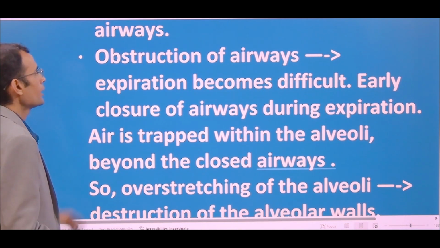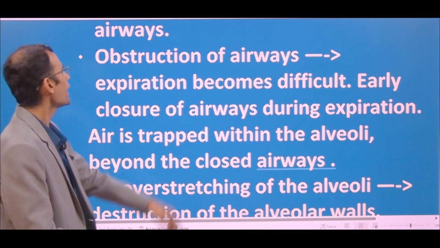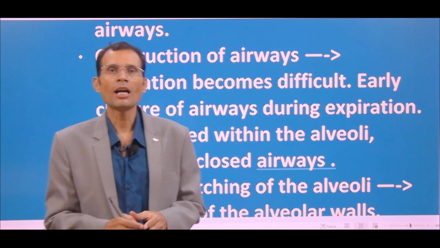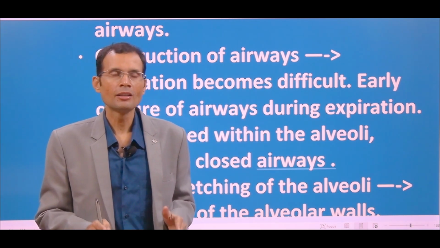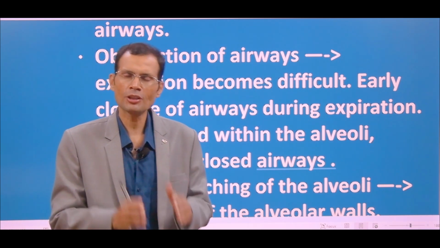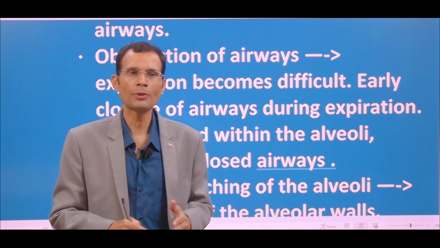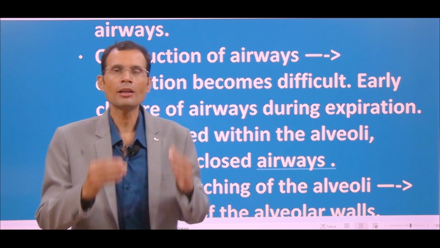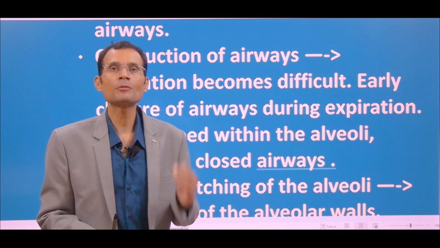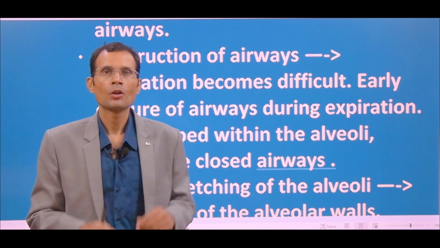All right. Now what happens next is obstruction of the airways. So expiration becomes more difficult. I want you to keep this in mind, that whenever there is airway narrowing, obstruction or narrowing of the airways, inspiration is relatively easy, but expiration is much more difficult. Why is that?